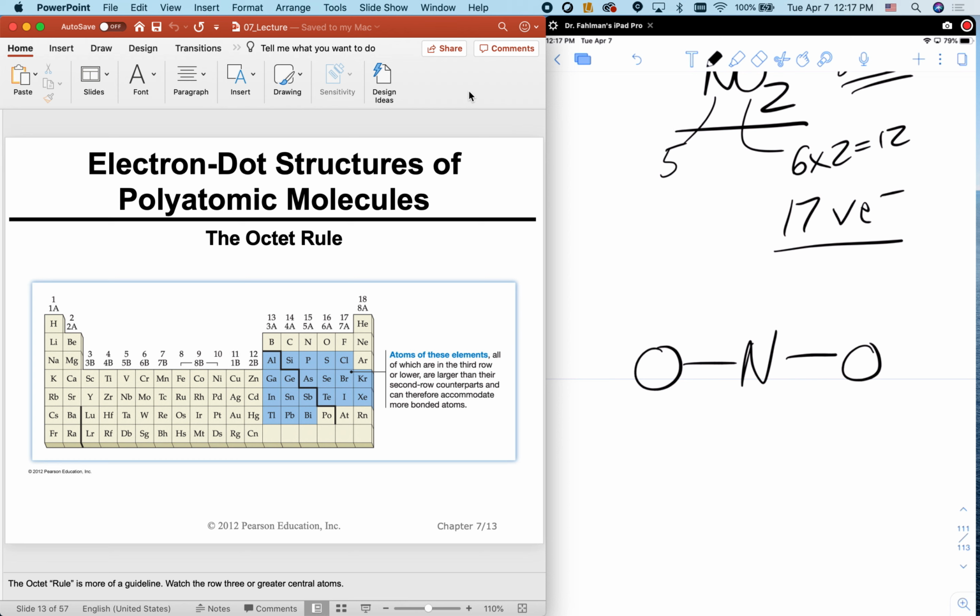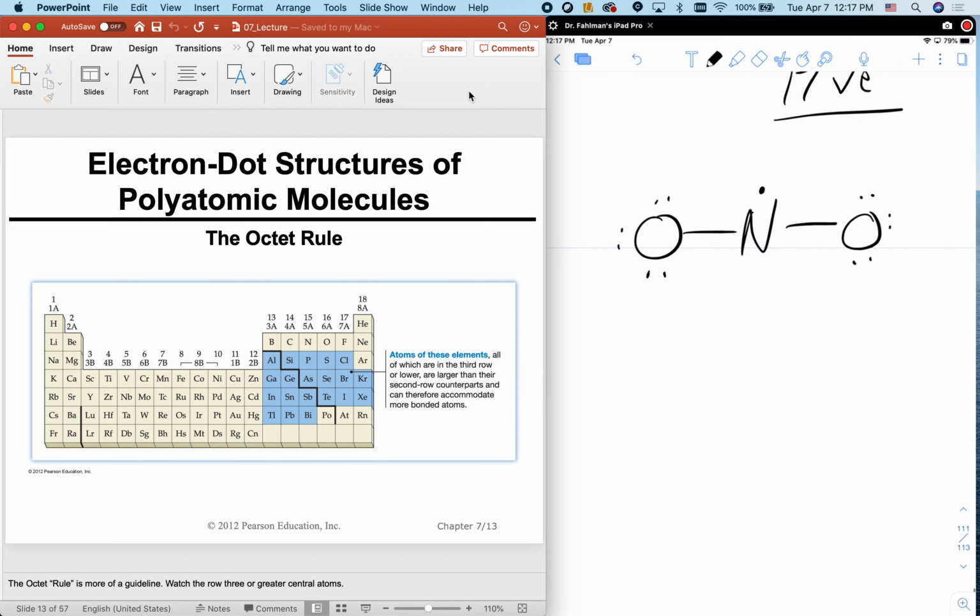So that's 4, 5, 6, 7, 8, 9, 10, 14, 15, 16, 17, we'll say. Another possibility might be this, where I move electrons from that one, we'll say. Or I guess, the two possibilities for this.